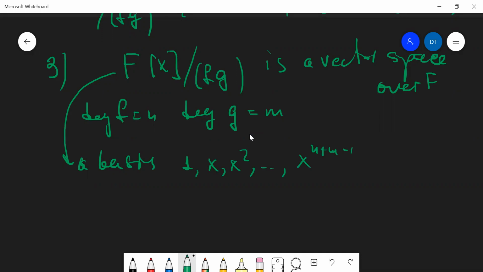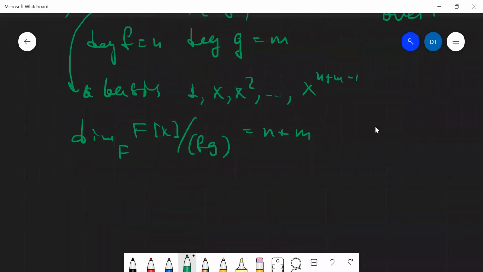So this will be a basis of the space. So this space has dimension n plus m over F.